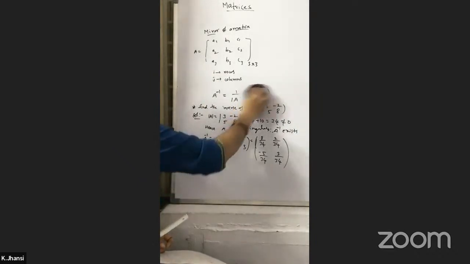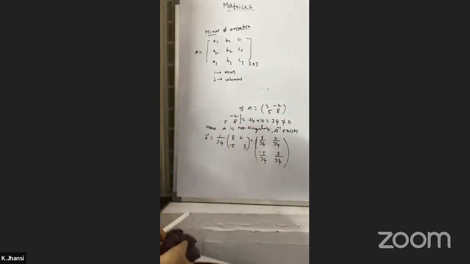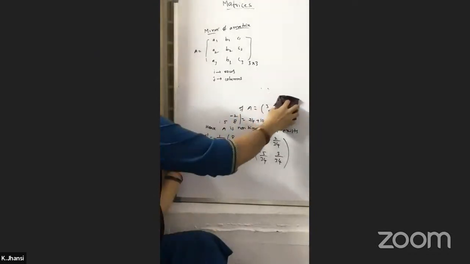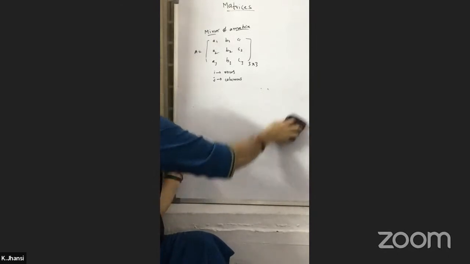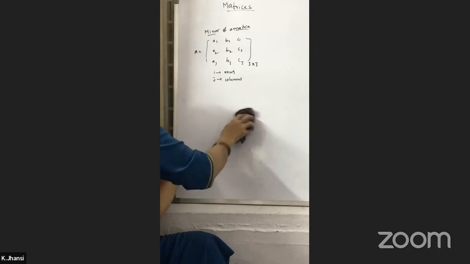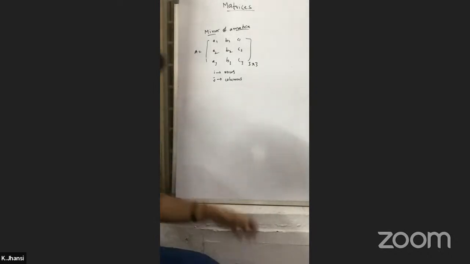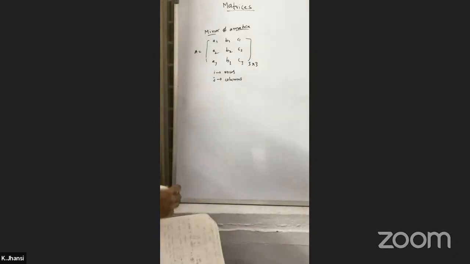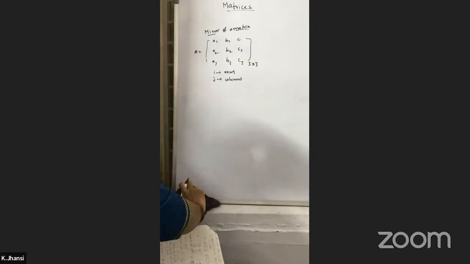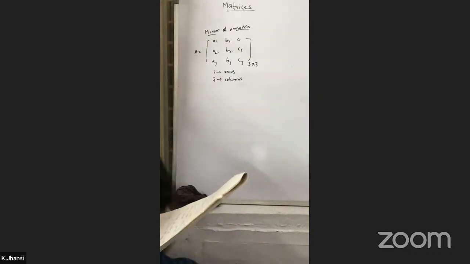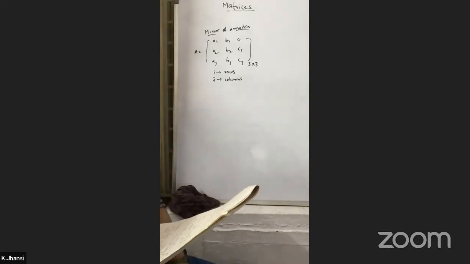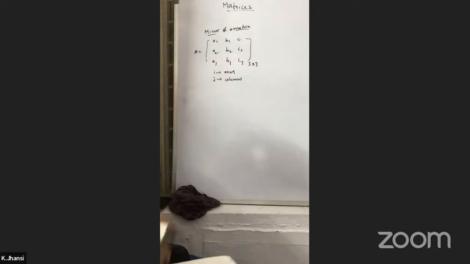So minor means if you eliminate any row, say the first row and here the first column, then whatever elements are remaining, that is called a minor of a matrix. Okay. For a square matrix, the minor of an element is defined as the determinant of the 2 by 2 matrix obtained after deleting the row and column in which the element is present.